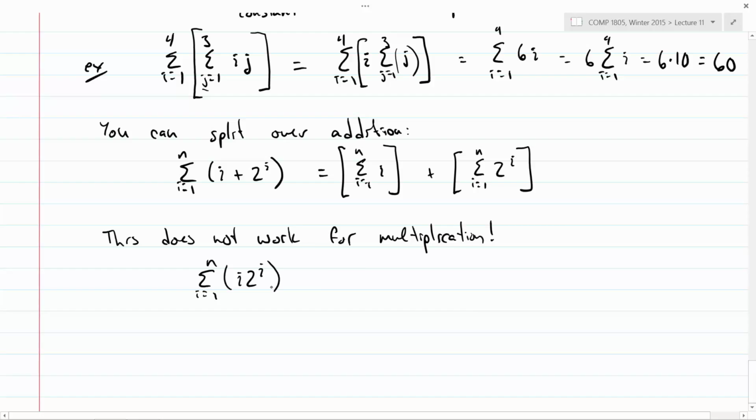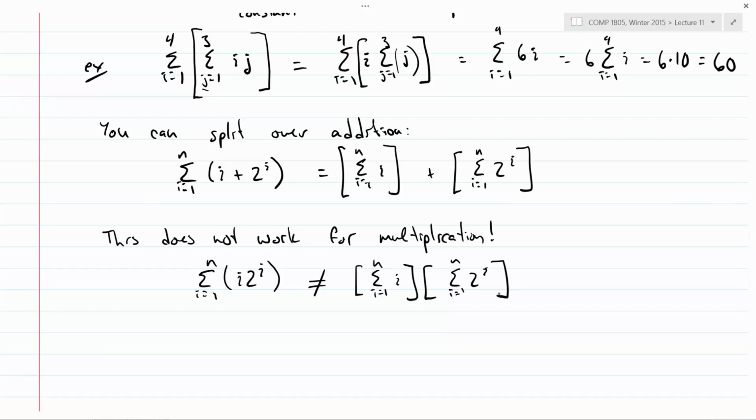So instead of plus, it's times. It's not the same as the sum from i equals 1 to n of i times the sum from i equals 1 to n of 2 to the i. Unfortunately, that's not how it works. If you don't believe that, try it. Try a few of these and you'll see very quickly that it's not always true. Sometimes you can make it work, but in general it does not work.